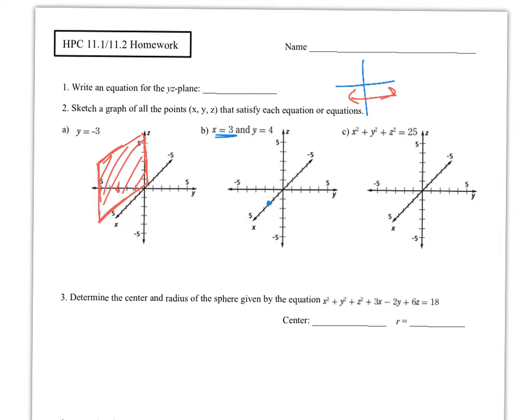Imagine taking the whole front wall, the YZ plane, and just scooting it towards us, shifting it forward 3 along the x-axis. And y equals 4 would be similar. We'd be taking this ZX plane and shifting that up 4 on the y-axis.